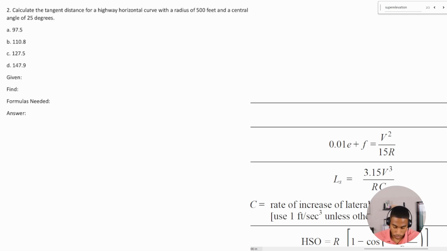All right. So let's go through our steps again. First step, so what are we given? We're given the radius, which is equal to 500 feet.